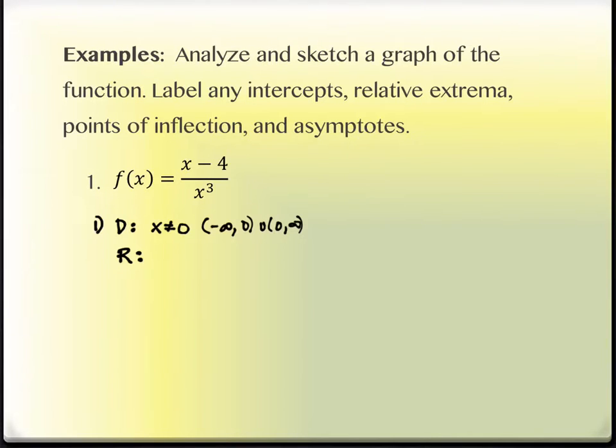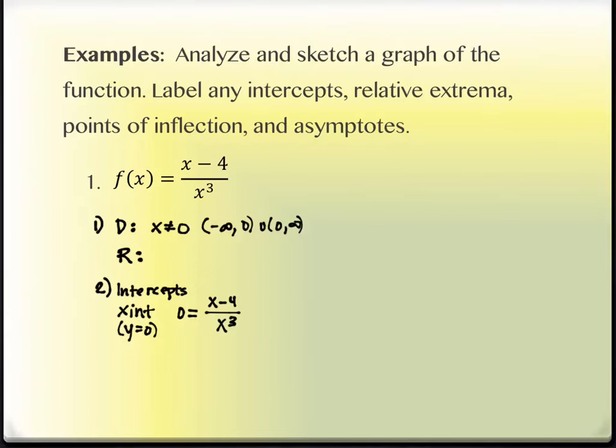All right, so we're going to do intercepts as our next step. So intercepts are places where x or y, depending, equals 0. So if we want the x-intercept, we let y equal 0. So y equals 0 would look like this.